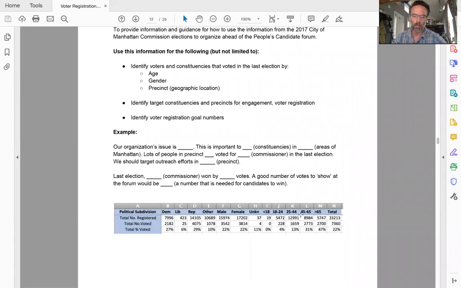And if you look at the breakdown by age, you'll see that, maybe unsurprisingly, the vast majority of the voters were over 45, and nearly half of them were over 65. 18 to 24 was only 4% of the entire voting population, so 228 out of basically 5,500.